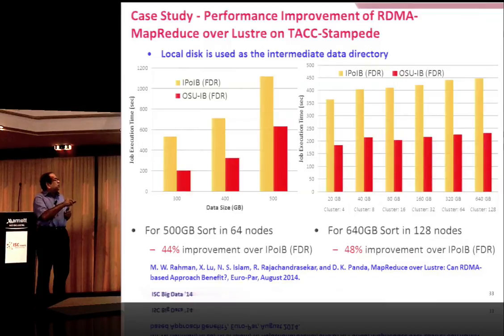Compared to IPoIB, which is the sockets level default design, we get around 44% improvement. On the right hand side, with 128 nodes, we again see around 48% improvement.